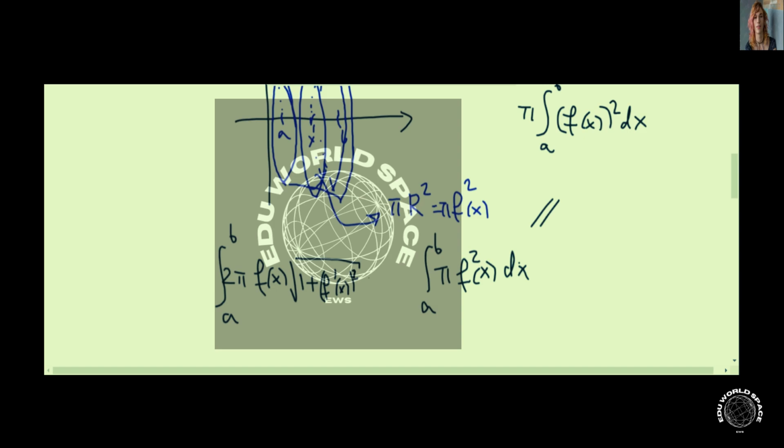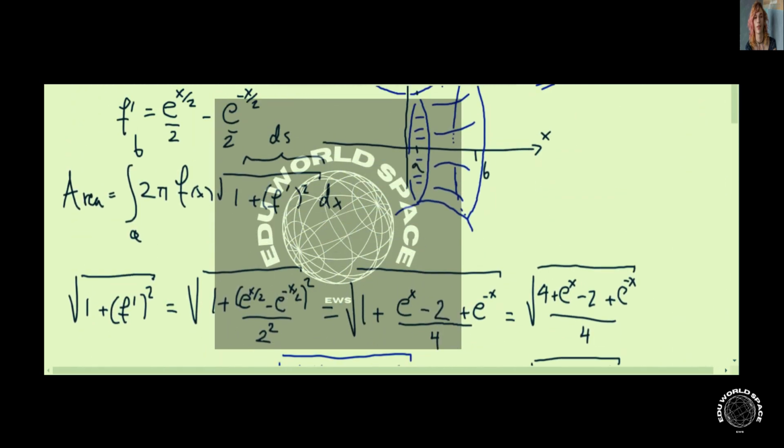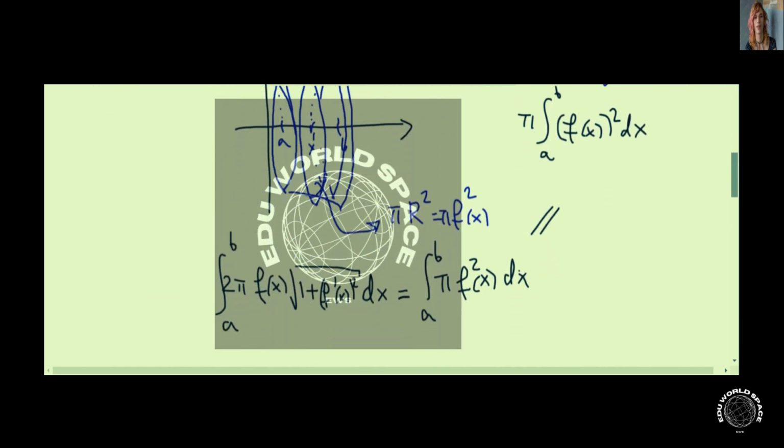So for this function, it happens that these two integrals are the same for any values of a and b, which means the surface area about rotation of x is equal to the volume of also rotating the graph about x.